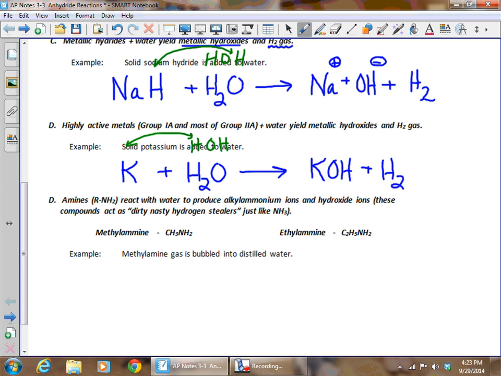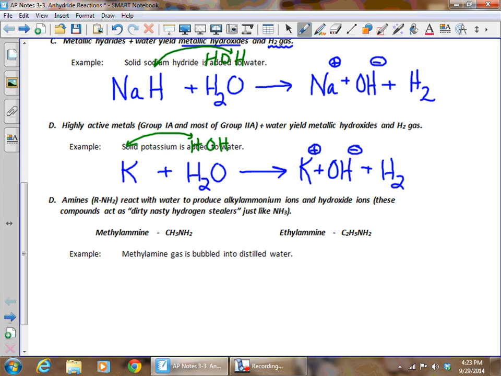Once again, you've got to always be thinking, does anything ionize in this reaction? And KOH is a strong base. A strong base is anything that has a metal hydroxide if that metal is from groups 1A or 2A, except for magnesium. So we've got to rewrite this in its ionized form as K plus and OH minus.